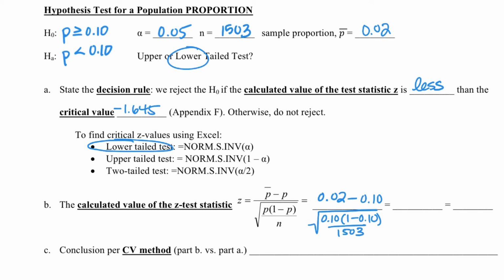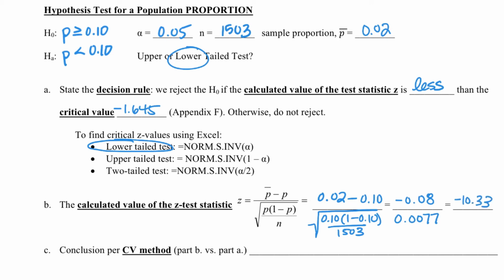And then I square root the entire thing. So when I go ahead and start to solve, my sampling error up top will be negative 0.08, and my standard error in the denominator is 0.0077. When I divide these two numbers together, I get negative 10.33.